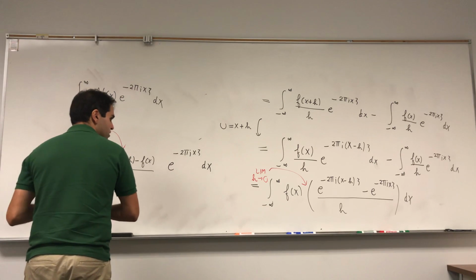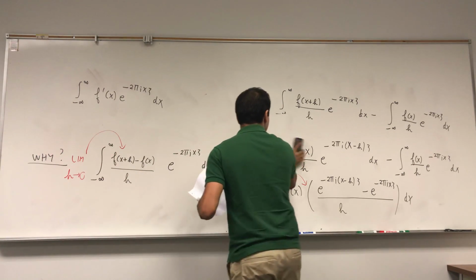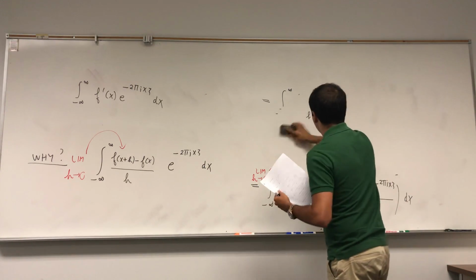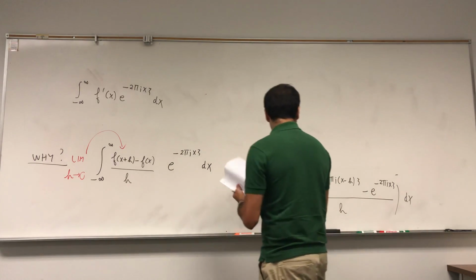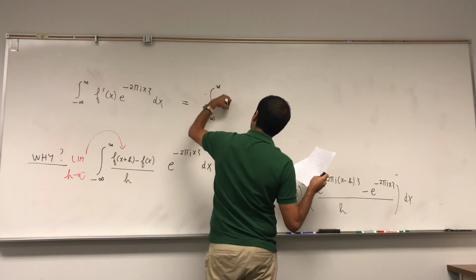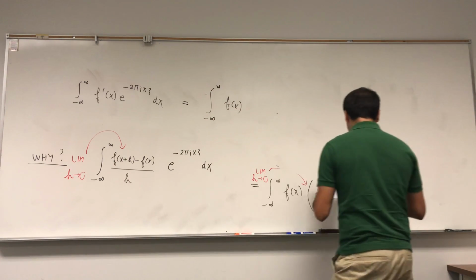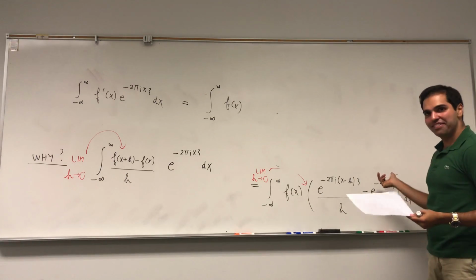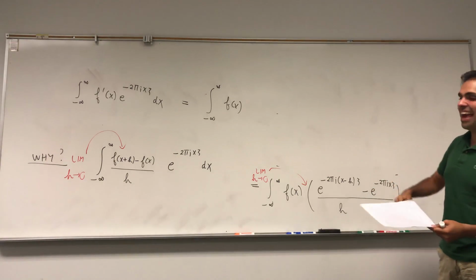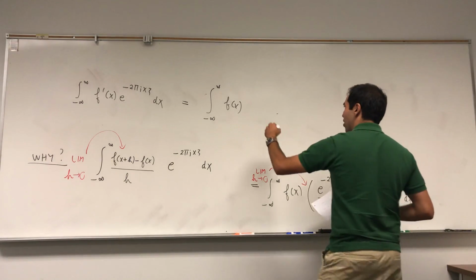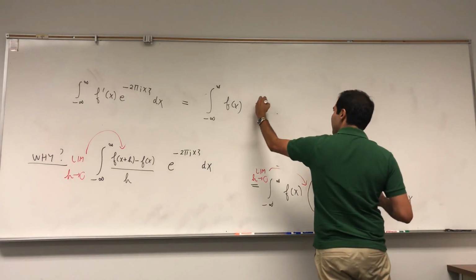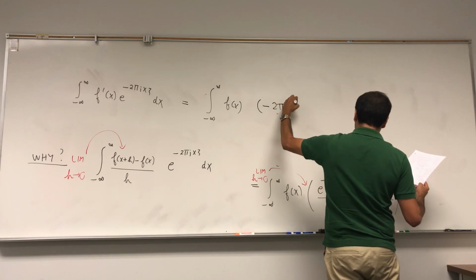And the other side becomes the following. Simply the integral from minus infinity to infinity of f of x, and this looks like a derivative, but on the other side, because we're taking minus h, there's an extra minus sign that pops out. If you just take the regular derivative of this with respect to x, you have a minus 2 pi i xi.